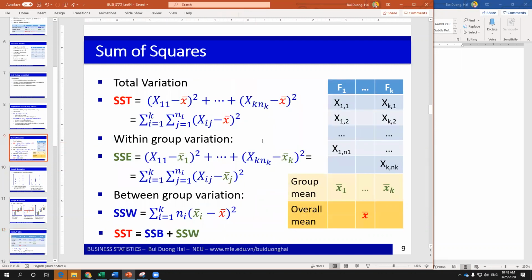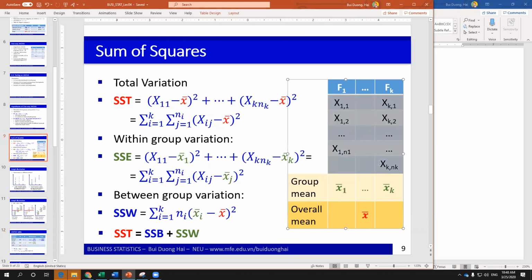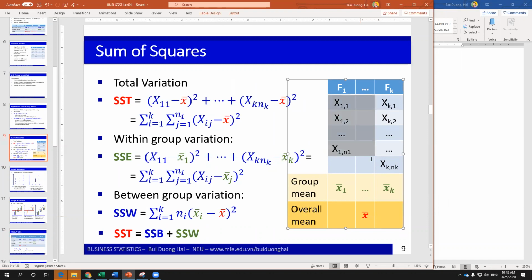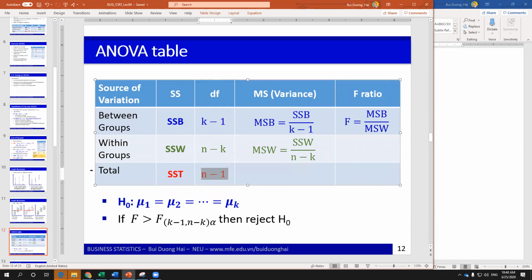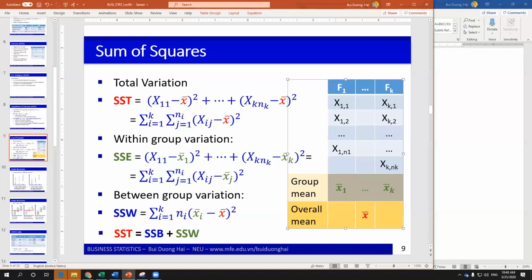To calculate SST, using every member minus X bar. So for the degree of freedom, it is n observations minus 1. But for SSB, how many groups?